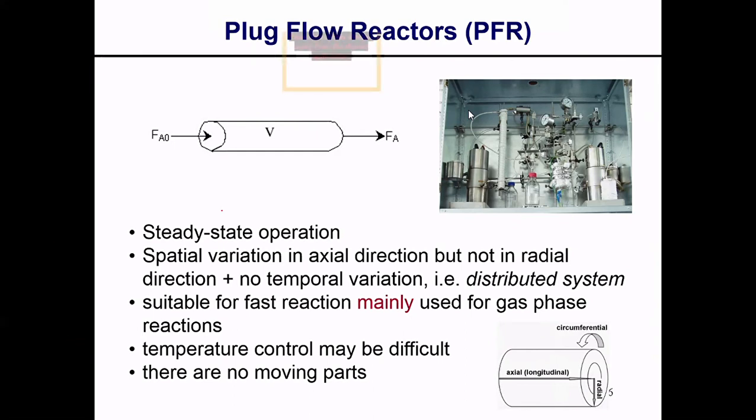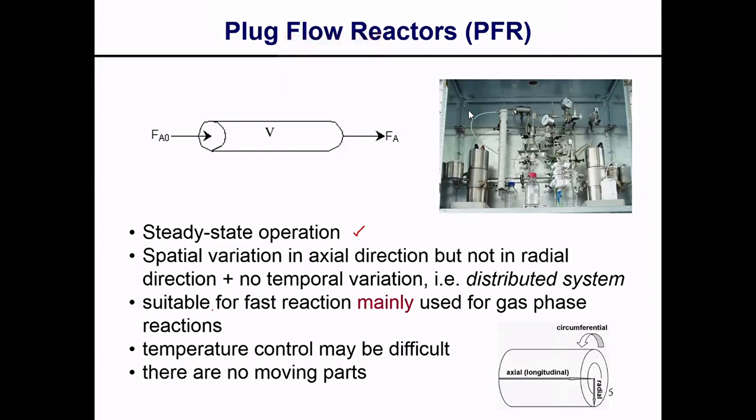Okay, here is the material balance for the plug flow reactor. So we know that the schematic diagram of a plug flow reactor is like this. The assumptions involved are steady state operation, and variation in the axial direction, but not the radial direction.